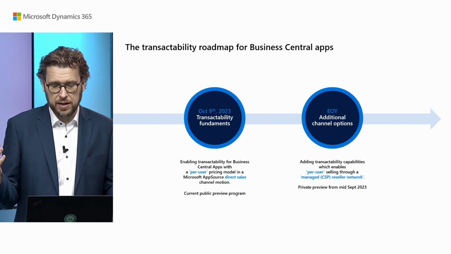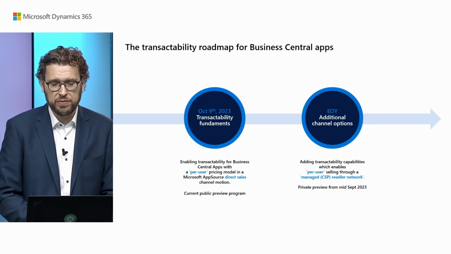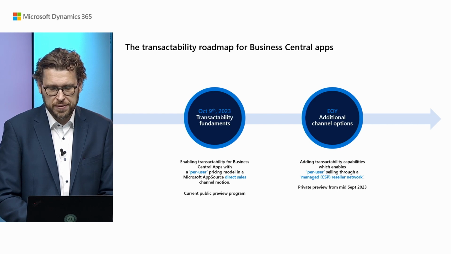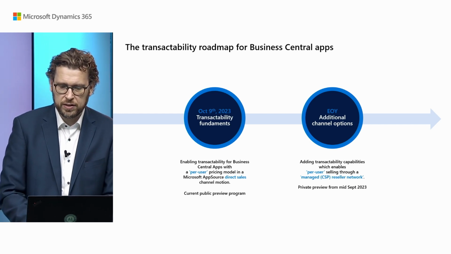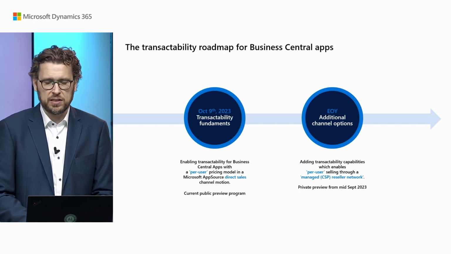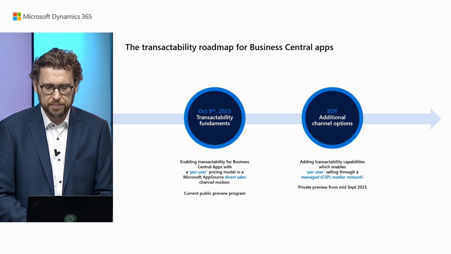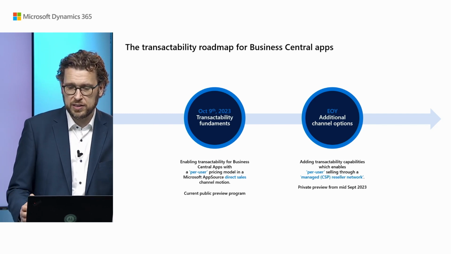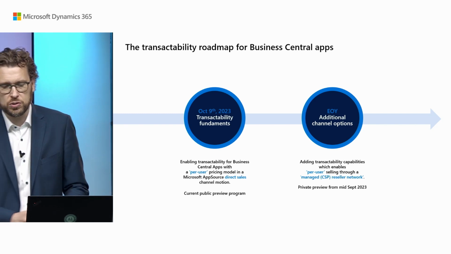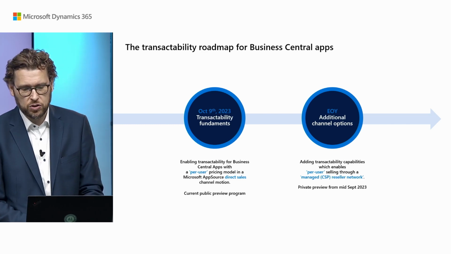That is, as I'm talking now, in public preview, but on October 9th, that will actually go into GA. And then we are working on having CSP support. It's actually built, but we're in the middle of a private preview with select partners on this, but that is also going to come out, as we have talked about earlier.